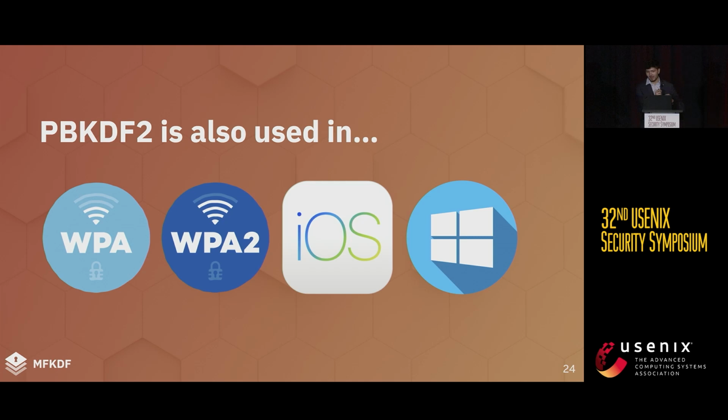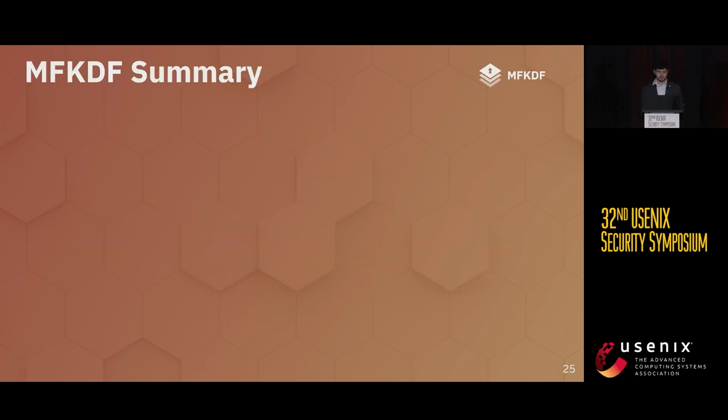So we're really imagining a situation where now you can have your wireless network support multi-factor authentication cryptographically. Or when you log into your laptop, it can also support multi-factor authenticated disk encryption cryptographically. So imagine all the places PBKDF2 is used right now, and now having the flexibility to support arbitrary combinations of commonly used authentication factors as part of those systems.